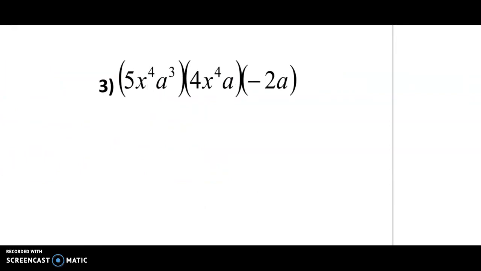Let's look at number 3. I have the coefficients, or my numbers out front, that I'm going to multiply. 5 times 4 is 20, times negative 2 is negative 40. Then I have my x to the 4th and x to the 4th. I don't have an x in the last power, and that's totally fine.